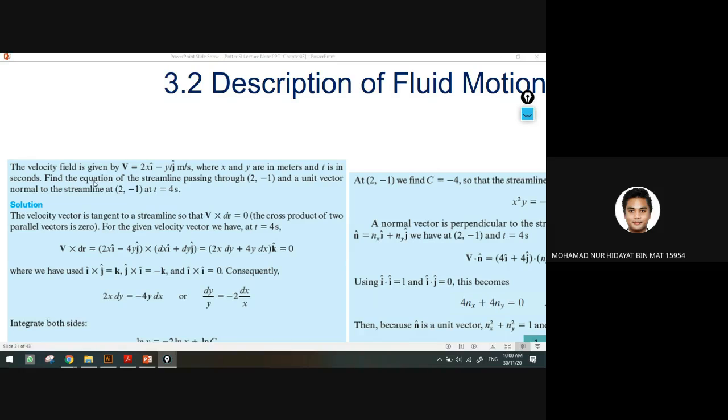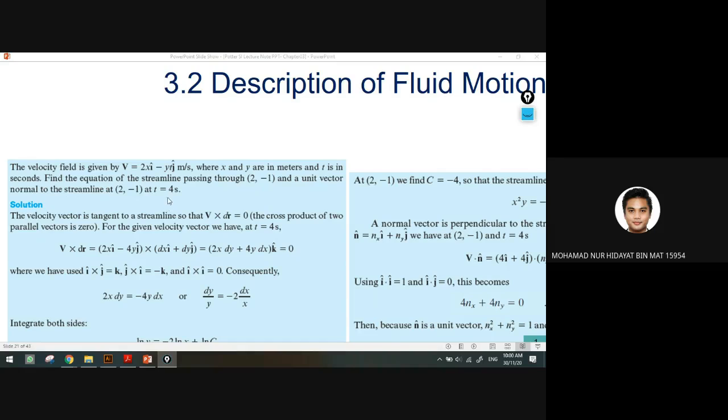So how many questions do we have? We have to analyze the question. We have two questions: find the equation of the streamline passing this point, and find the unit vector normal to the streamline at time 4 seconds.